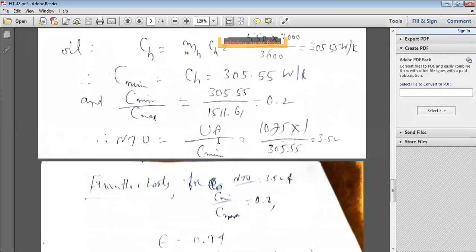From that calculation, you get the number of transfer units equal to 3.52.